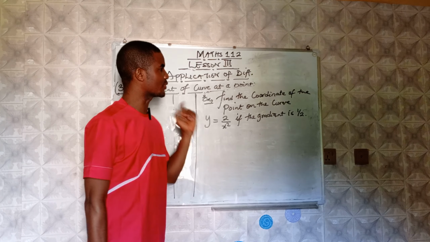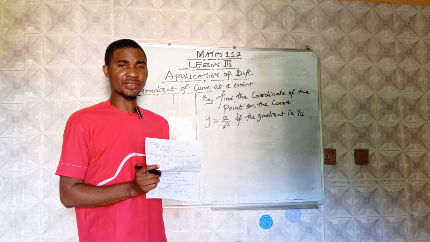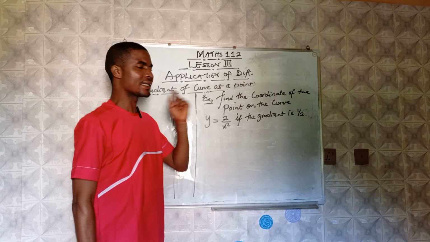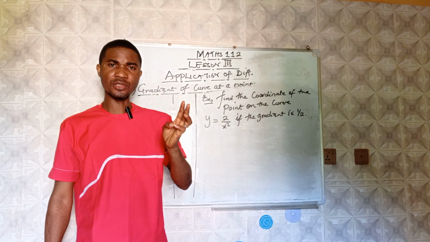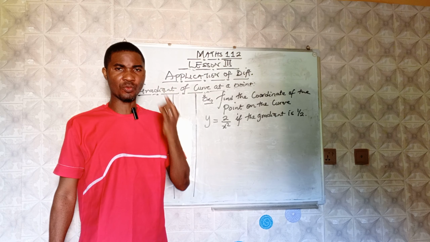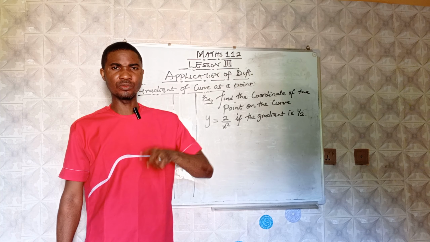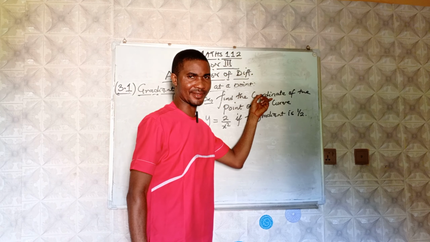Okay, look at this example 2. In example 1, we learned how to find the gradient, or you call it the slope, of a curve. In that example 1, we were given the function, or you call it the curve. We were given the coordinates, that is the values of x and y in the bracket, and we were asked to obtain the slope, which is the gradient. But in this case, they say find the coordinates.